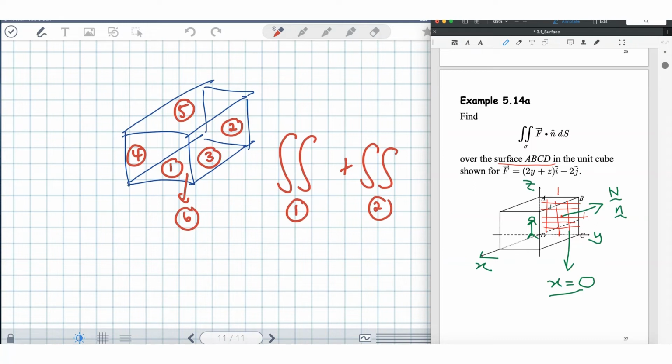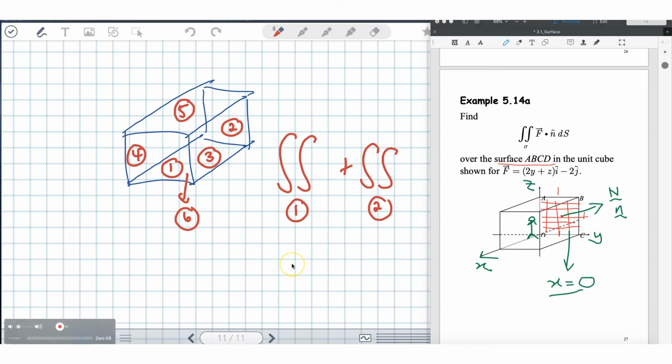So now you can see how much time you would waste, because actually we have a simpler method to compute the surface integral for a closed surface. I will show you about the Gauss theorem in the next video.